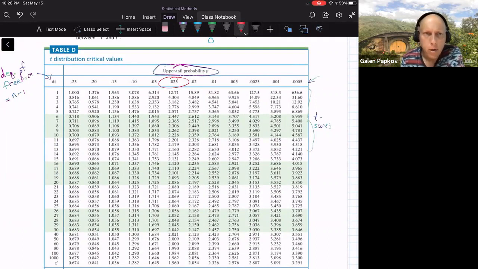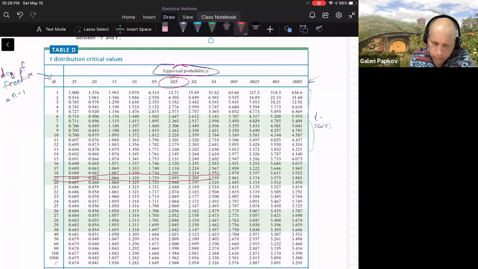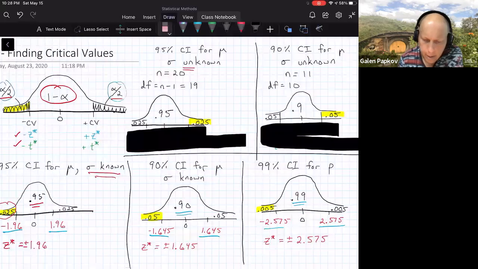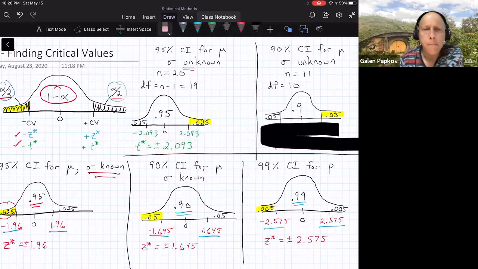And we're looking at 19 degrees of freedom, which is this row. So that's going to be in this column, which means we've got 2.093. By symmetry, that means we have plus or minus 2.093. And that should be the value that we got, which it is.